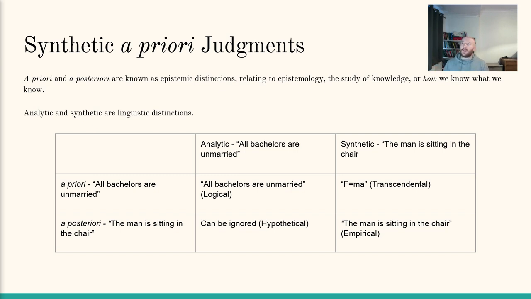So you might say, well, okay, why are synthetic a priori judgments so important to Kant? Well, when you look into it, especially the proposition that I gave, every event has a cause, this is so reliant on the transcendental conditions, or the conditions pertaining to these two things of event and a cause, that whether or not this judgment is true is completely reliant on this whole systematic philosophy of Kant, this critical philosophy.